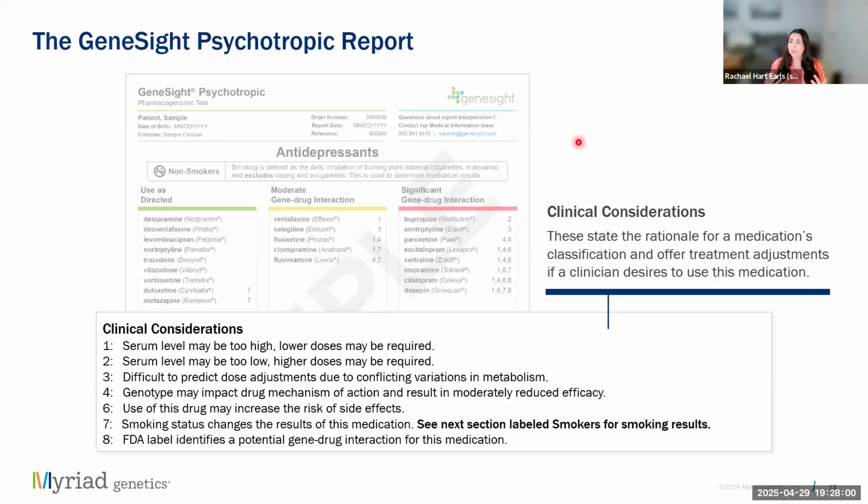We talk about what it means, what it doesn't mean, and how the clinical considerations are pivotal for getting the full utility of the GeneSight report, and how these different colored bins shouldn't be prohibitive to prescribing. It's just information for you to use. So with limited time in primary care, with the abundance of patients you're seeing, how are you explaining this organization to patients in a way that increases buy-in and that provider-patient relationship?